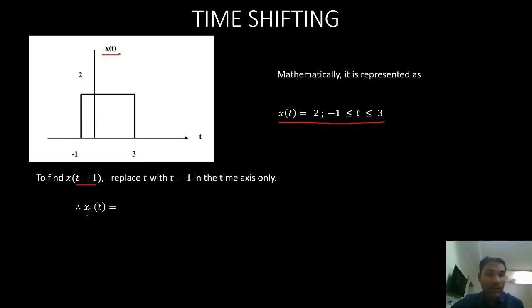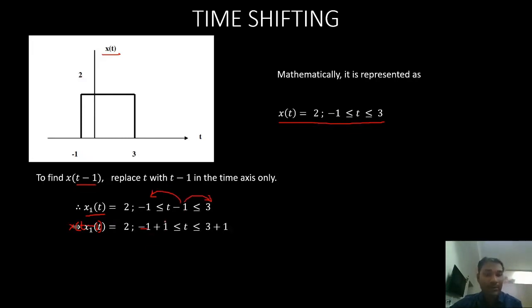So x1 of t is the name given to the new time shifted version of x of t. So this is nothing but x of t minus 1. So wherever t is there in this original representation, I will replace it with t minus 1, and then we'll simplify this inequality. So minus 1, I will take this minus 1 to the other side.